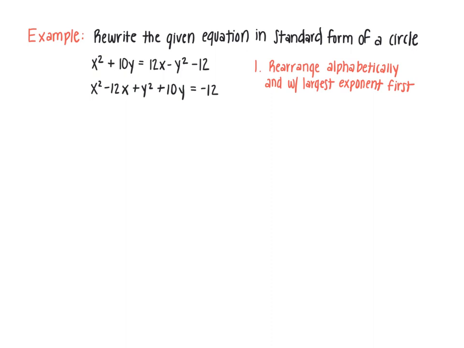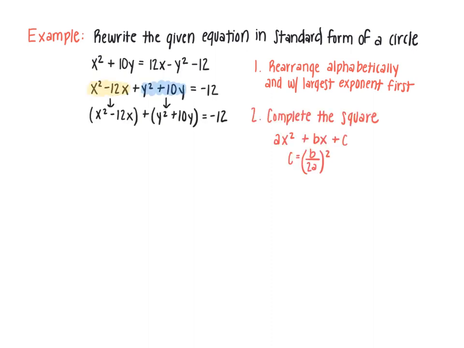The next thing that I want to do is complete the square, which basically means I want to create a polynomial that, when it's factored, has the same two factors. And the way that you're able to make this happen is remember that the standard form of a polynomial is always ax squared plus bx plus c.